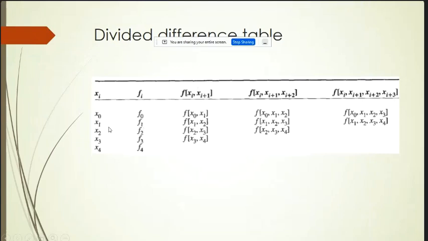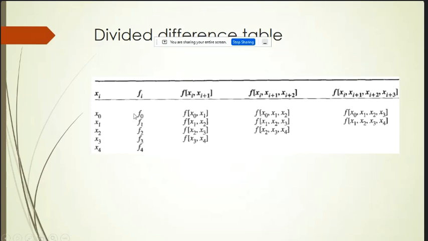For example, the divided difference of the first 2 points, (x0, f0) and (x1, f1), is f[x0, x1]. In this table we have 5 points, x0, x1, x2, x3, and x4, and the value of f at each point.